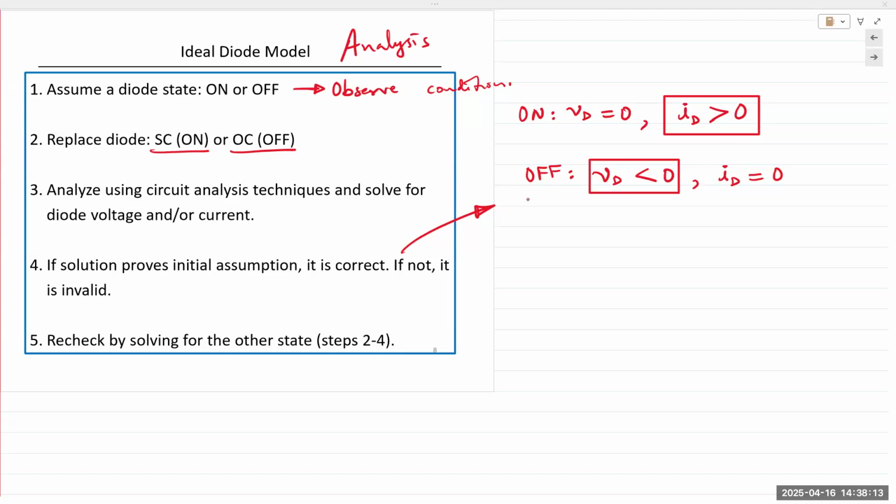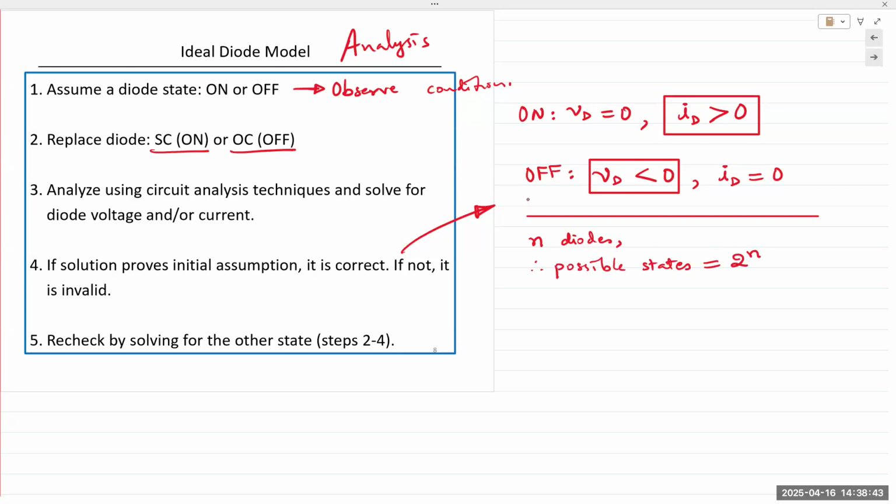However, the number of states is going to increase. It's like the binary number system. If you have n number of diodes, how many possible states do we have? 2 raised to n.